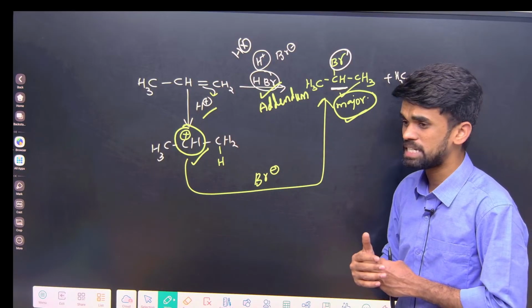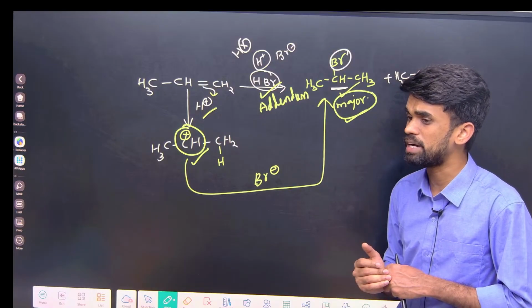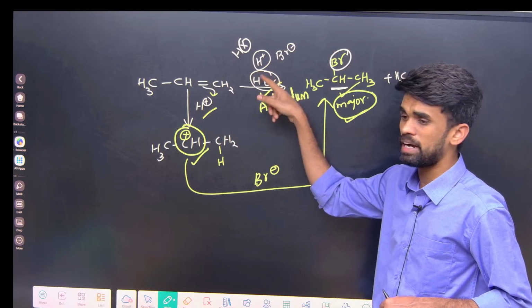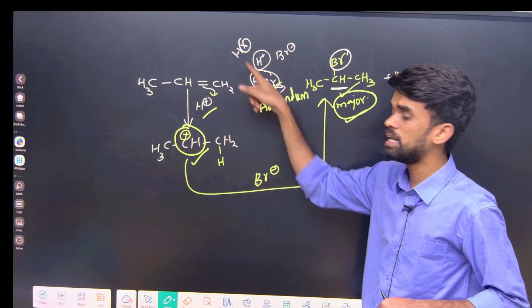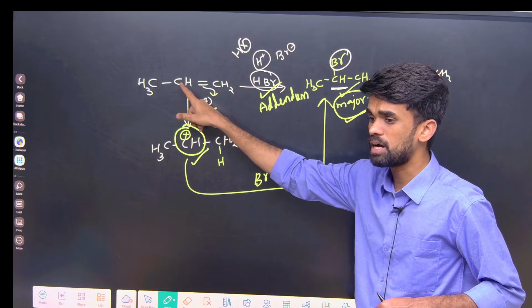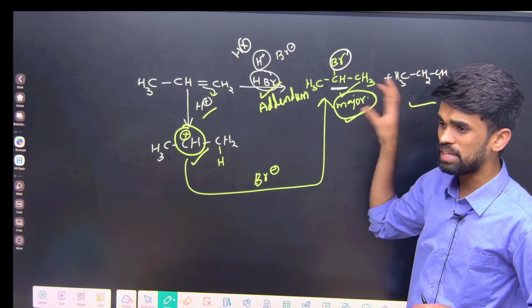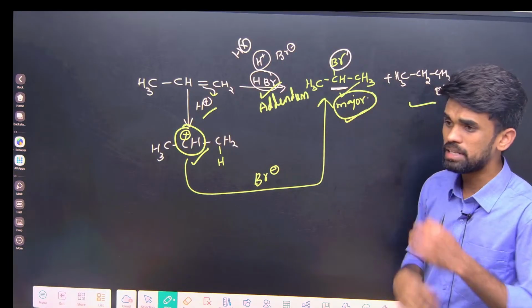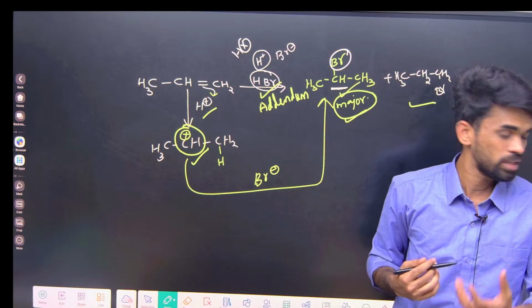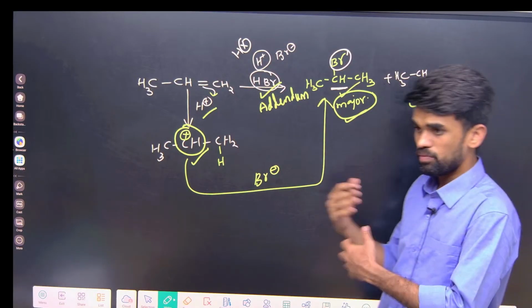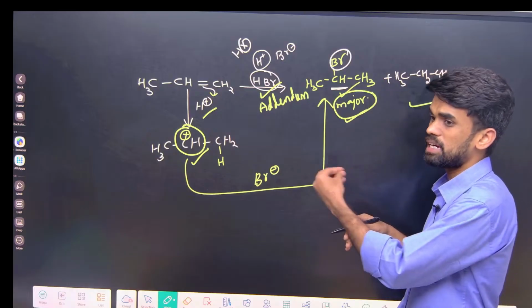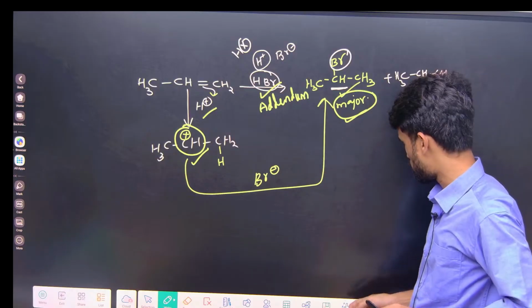The Markovnikov rule statement: the negative part of the adding molecule goes to the least hydrogen-containing carbon. Why is this point very useful? There are many reactions where, without writing all these mechanisms, you can directly remember the statement and make your product formation.